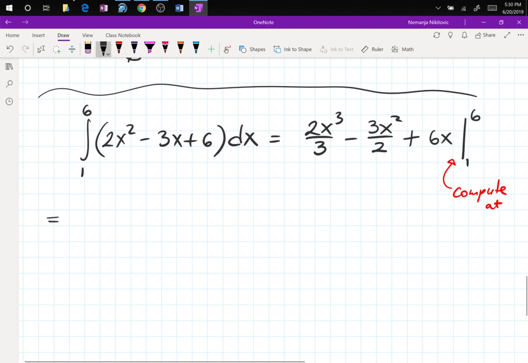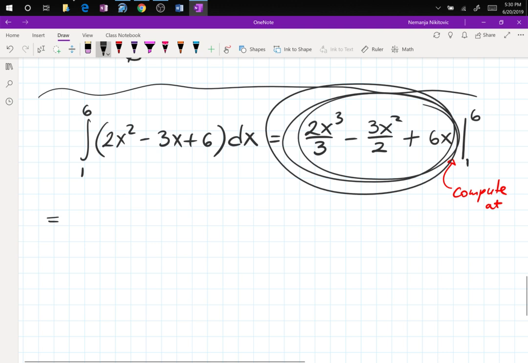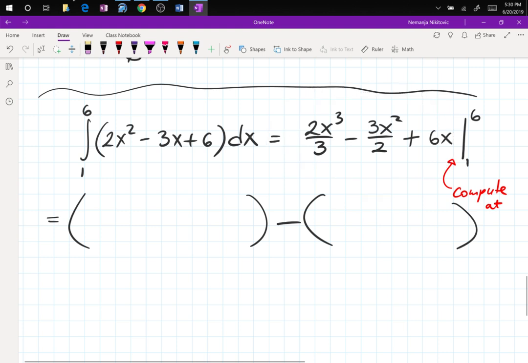Now, the way this works, and I'm going to write the formula later, is you go through the entire answer you have over here, and you plug 6 everywhere, and then you subtract the same polynomial with 1 plugged in everywhere. So, it's going to be like this, minus that, and you will be placing this polynomial with 6 plugged in and then with 1 plugged in.